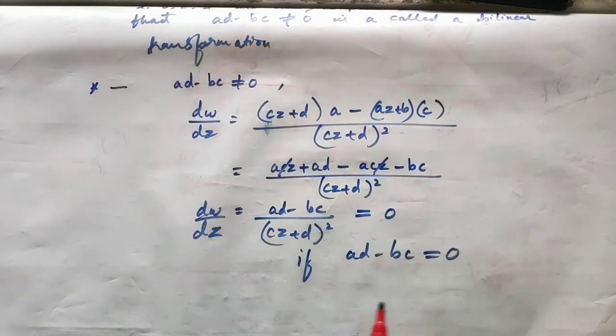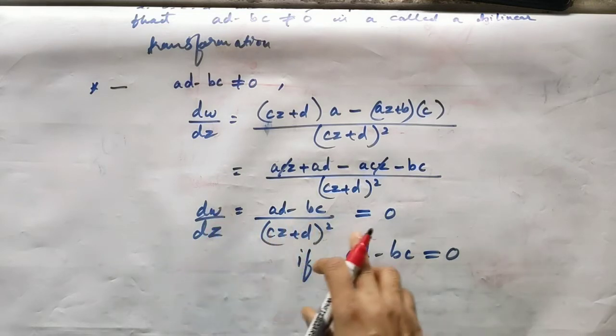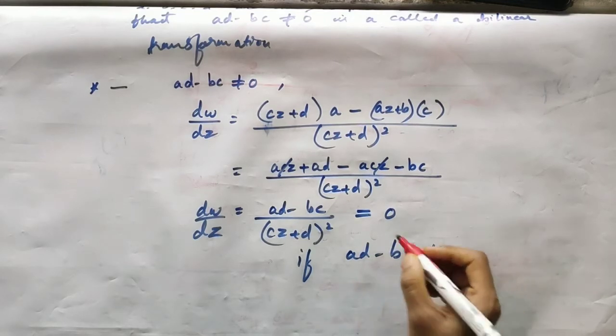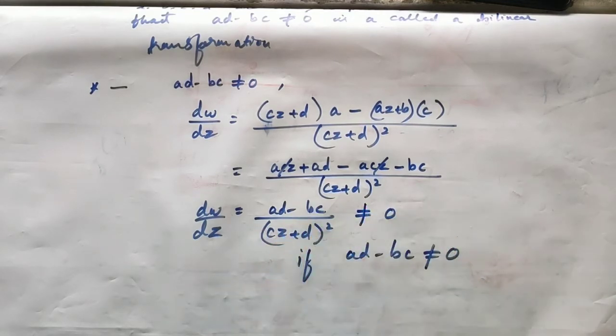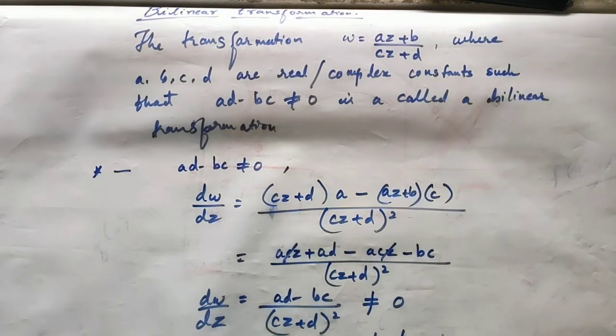We have just proved in my previous theorem that any analytic function is conformal at the points where f dash of z is not equal to 0. So dw by dz will turn to 0 only when AD minus BC is equal to 0. Therefore this bilinear transformation becomes a conformal transformation only when AD minus BC is not equal to 0.